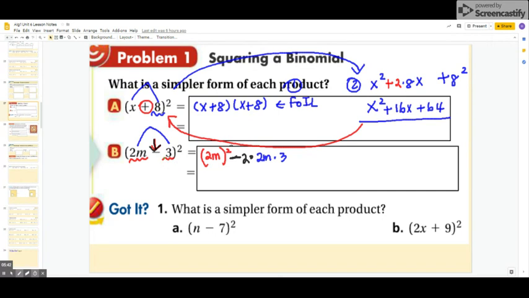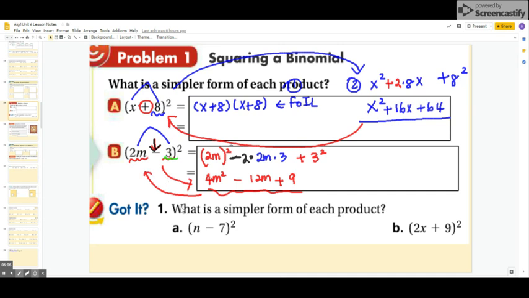And we have 3 squared. So it's going to be 4m squared minus 12m plus 9. So this is expanded form, and then this is factored form. So now we're practicing this way, and then we're going to go back this way in the next lessons.